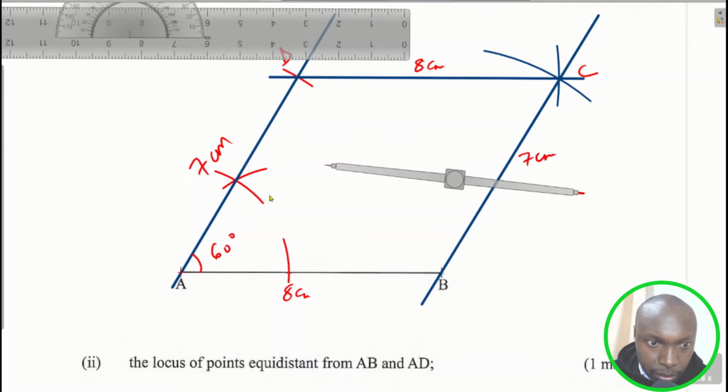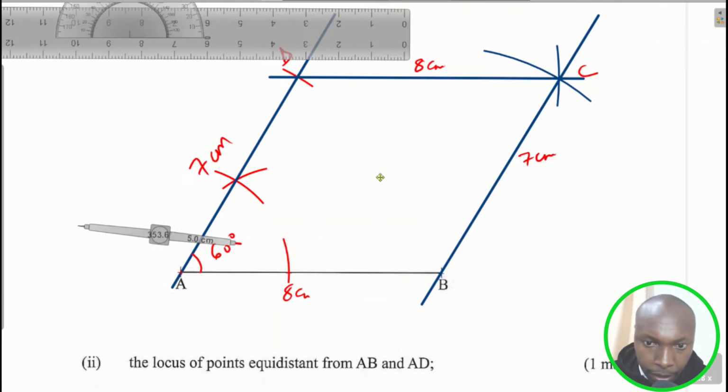So to do that, just take a pair of compasses and stand at A. This is how you bisect it. Use any convenient radius.